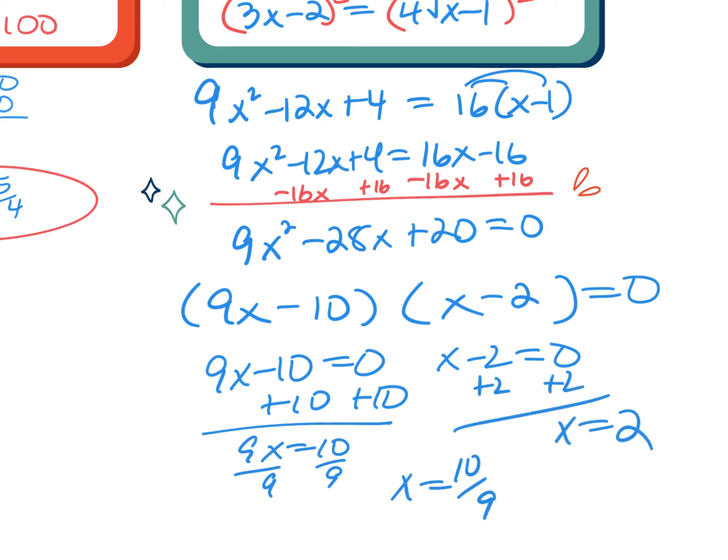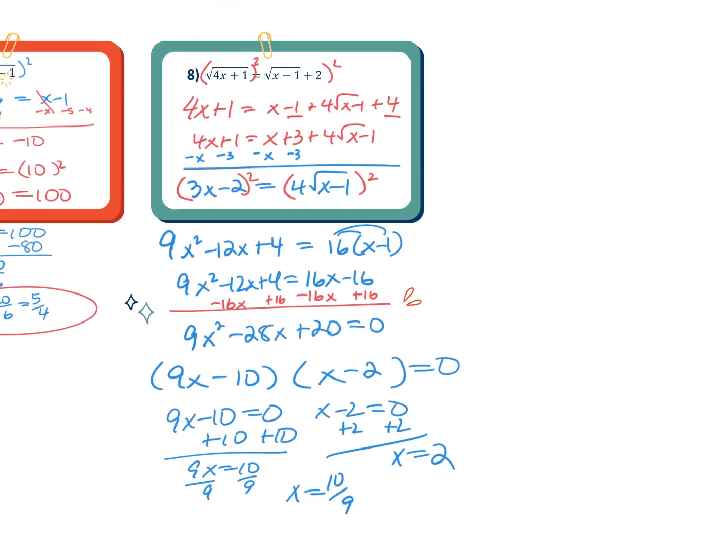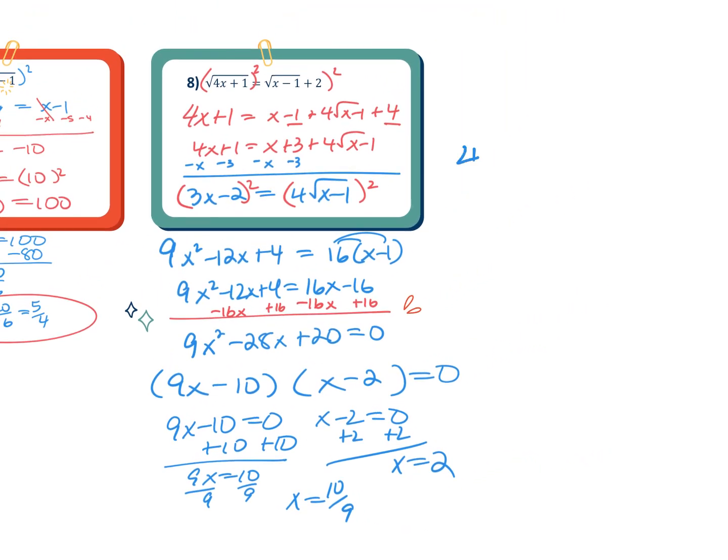Again, we got to check. So let me plug them in. 4 times 10 over 9 plus 1, that's under a radical, equals 10 over 9 minus 1 plus 2. So then when I multiply this, I get 40 over 9.